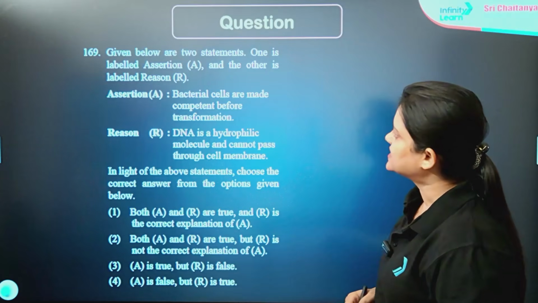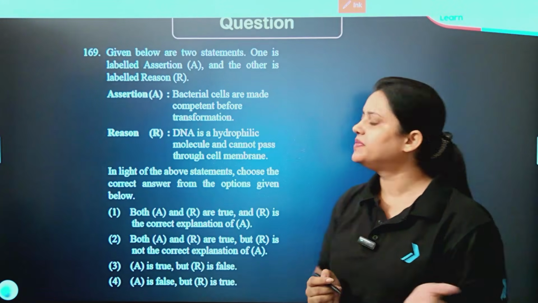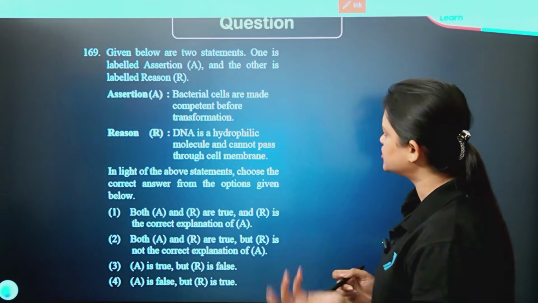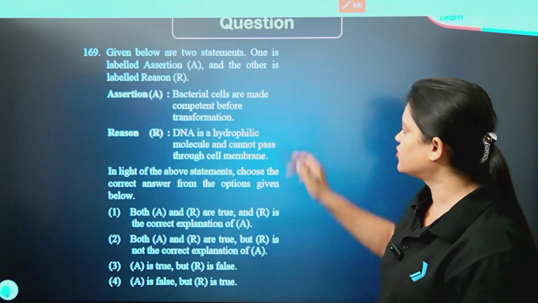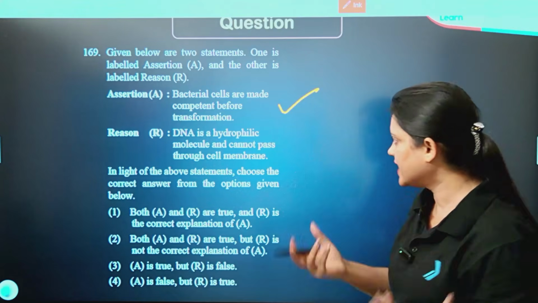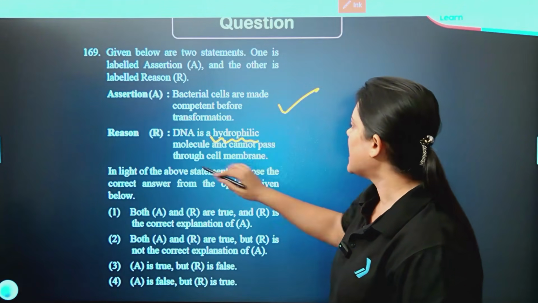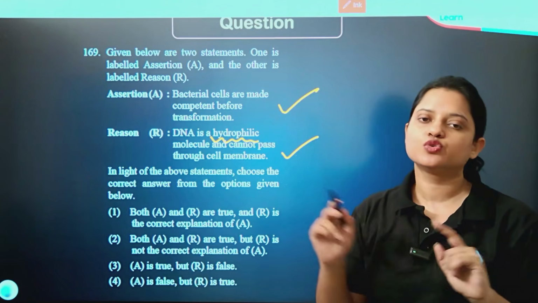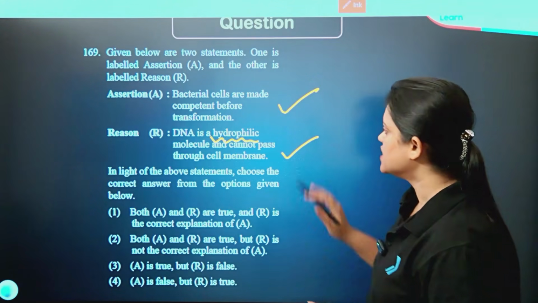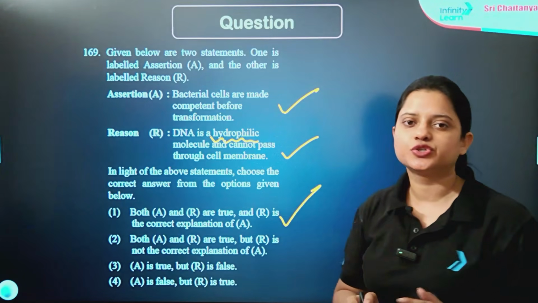Question number 169. Assertion says bacterial cells are made competent before transformation. So, bacterial cells are made competent before transformation. It is required. Why? Let's see what is written in reason. DNA is hydrophilic and cannot pass through the cell membrane. That is also true. So, that's why we need to make bacterial cells competent. So, both are true and even the correct explanation of assertion. Answer should be 1.